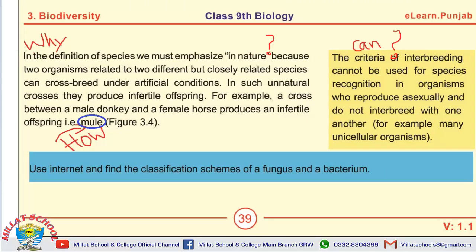why in the definition of species we must emphasize in nature. We must emphasize in nature while we are defining species, because two organisms related to two different but closely related species can cross breed under artificial conditions.